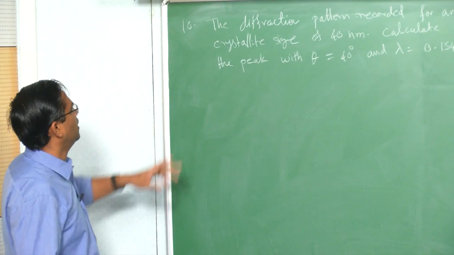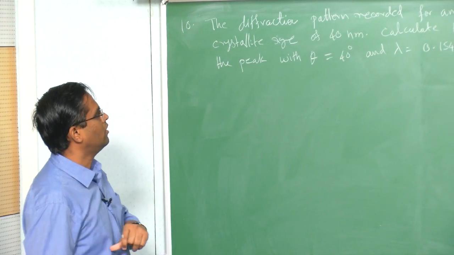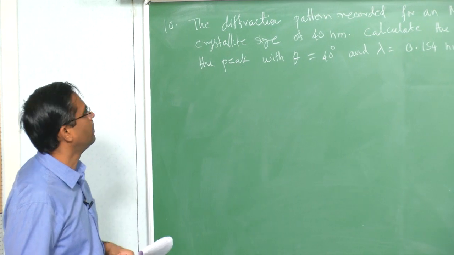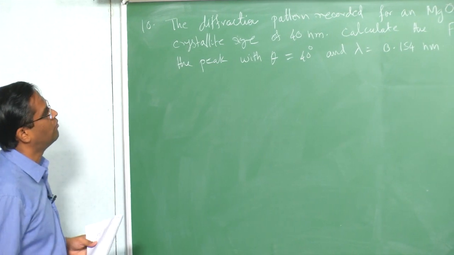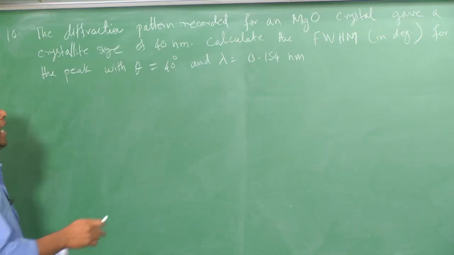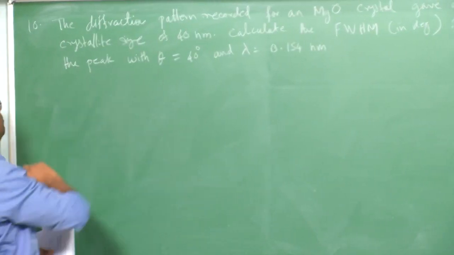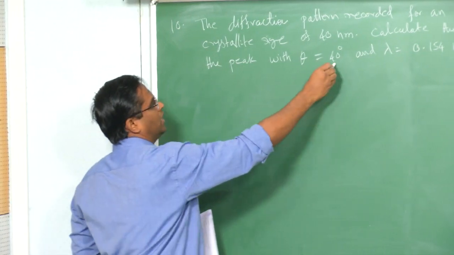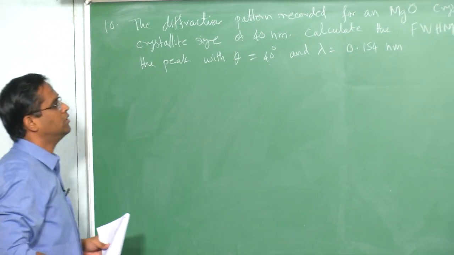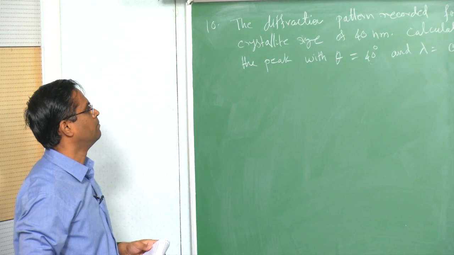The question is, the diffraction pattern recorded for an MgO crystal gave a crystallite size of 40 nanometers. Calculate the full width at half maximum in degrees for the peak with theta equal to 40 degree and lambda equal to 0.154 nanometer.